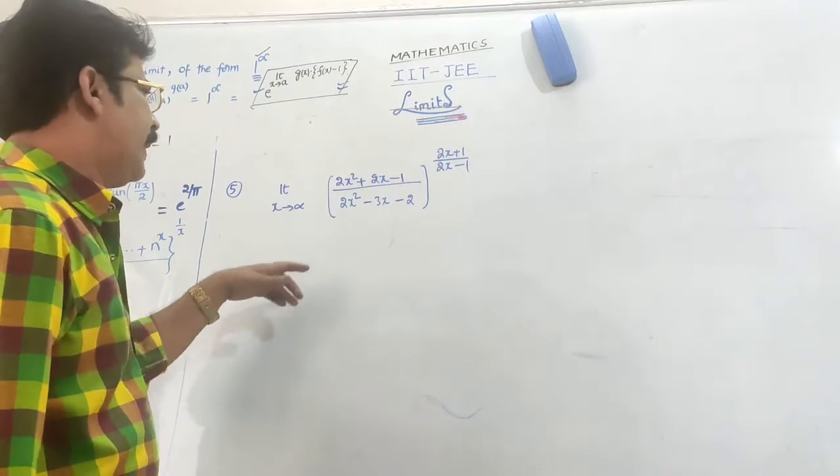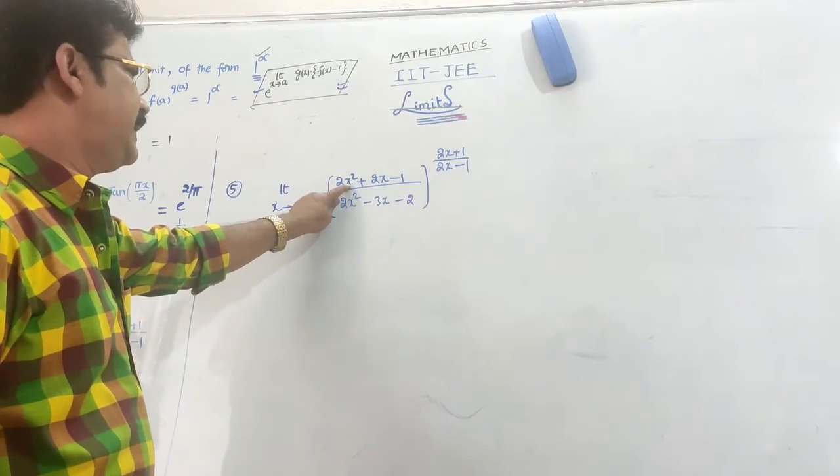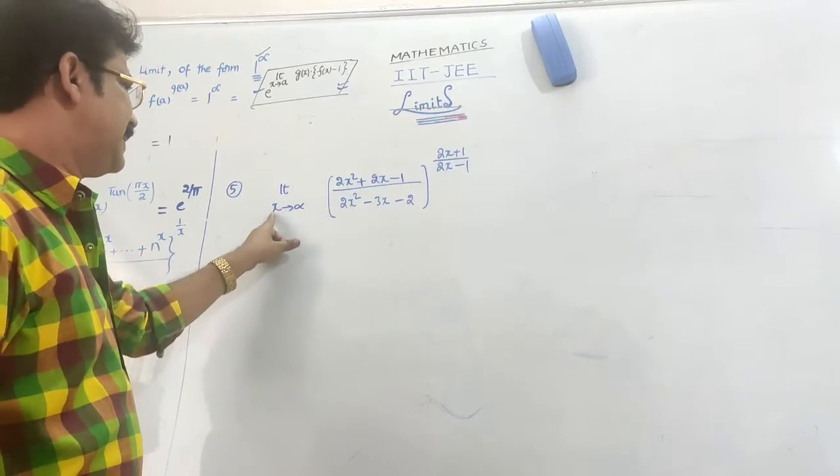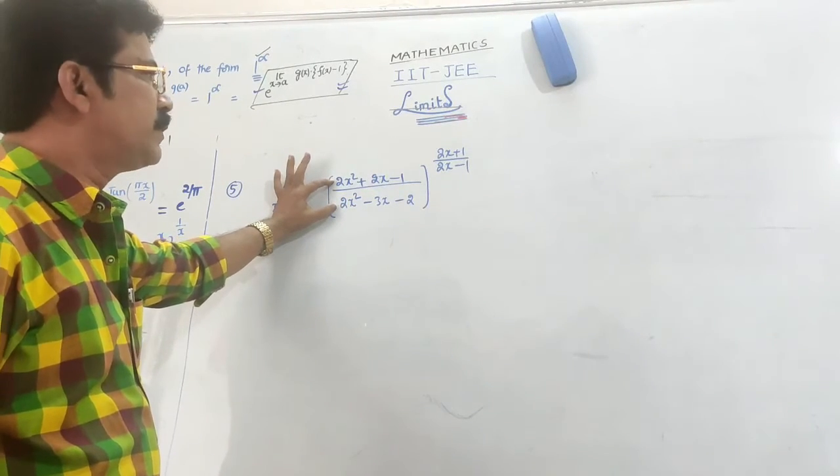So clearly, already I said when the degree of numerator and denominator is the same, as x tends to infinity we are taking only the coefficients quotient.